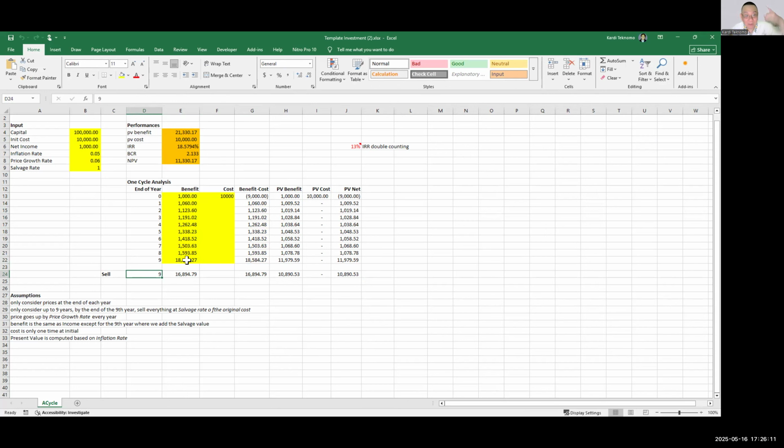So this is a cycle, one cycle. This is every 10 years. Of course, if you don't like this, you can just change it on your own. So the benefit I got from here, until here only, not until the bottom. The same thing with the cost, until this part. So you can change this value like in yellow, even though this is informal.